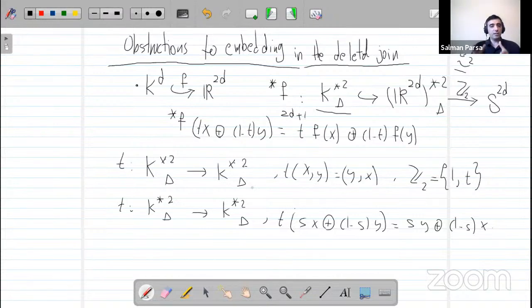If there is a Z2 sphere here, then the Borsuk-Ulam theorem tells us that this map cannot exist.